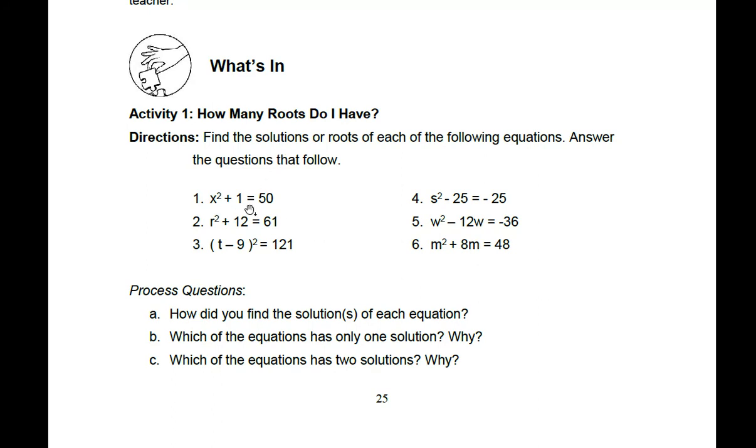So ano to? Find the solution of roots: number 1, you use extracting the roots, number 2 extracting the roots, number 3 extracting the roots, then number 4 extracting the roots, number 5 by factoring, number 6 by factoring.